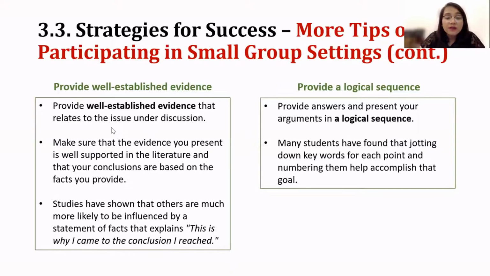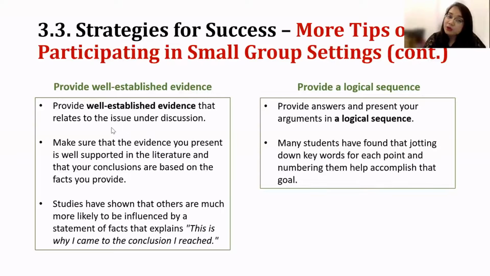Many students have found that jotting down keywords for each point and numbering them help accomplish that goal. So if you find it difficult or challenging to keep a logical sequence, you may use the help of a note. So you write down the points. Say there are 5 points that you want to deliver, right? And you need to make sure that all those 5 points are ordered in a logical sequence.